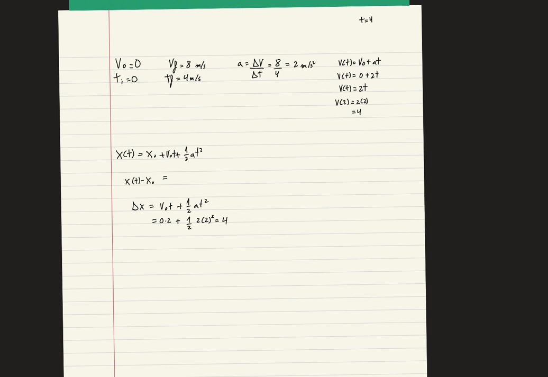As we look over here, we have the V0. So we have, okay, so we have V final, the velocity final, 8 meters, time final, 4 meters. Then is the change of V divided by the change of T, which is 2 meters. Then we get this formula right here.